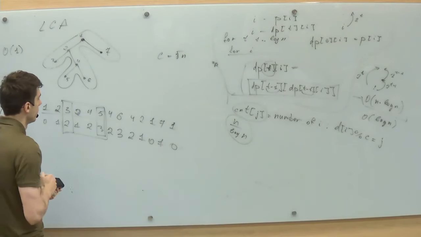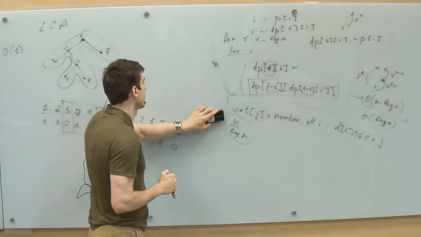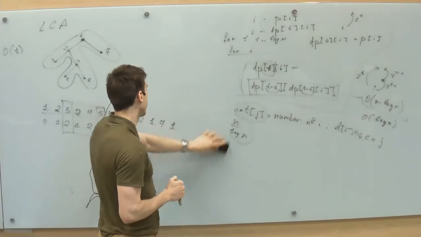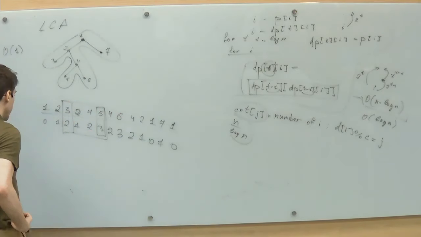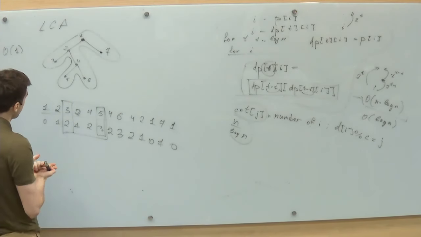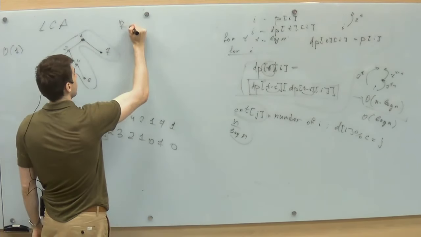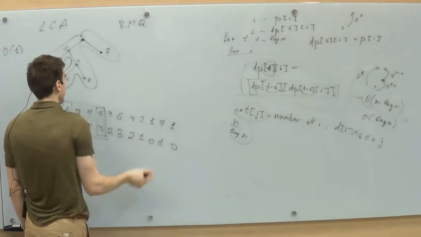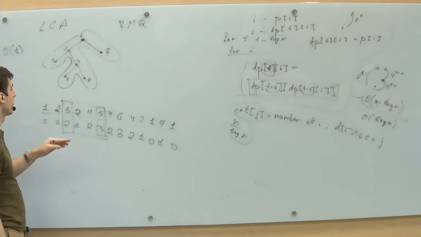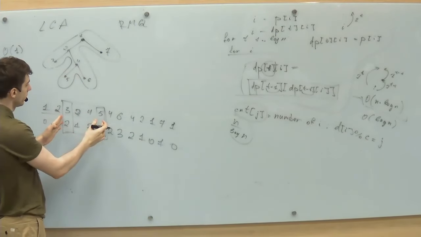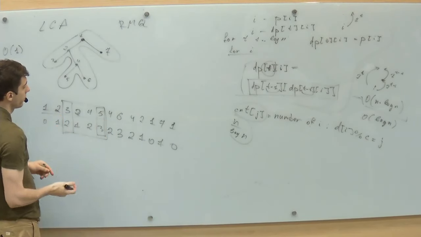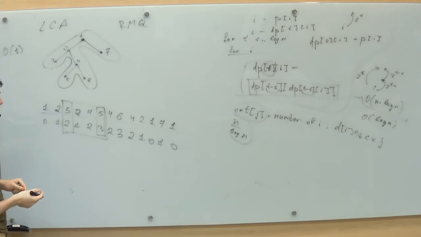We will use some additional data structure. So after creating this list, we are facing the known RMQ problem, which is a range minimum query. For two indices in the array, we have to find the minimum value in the segment between these two elements.